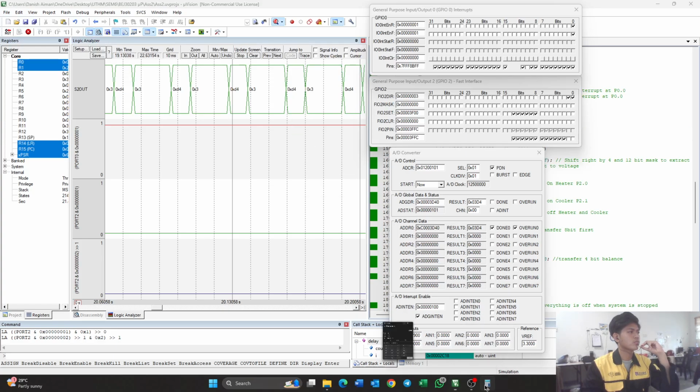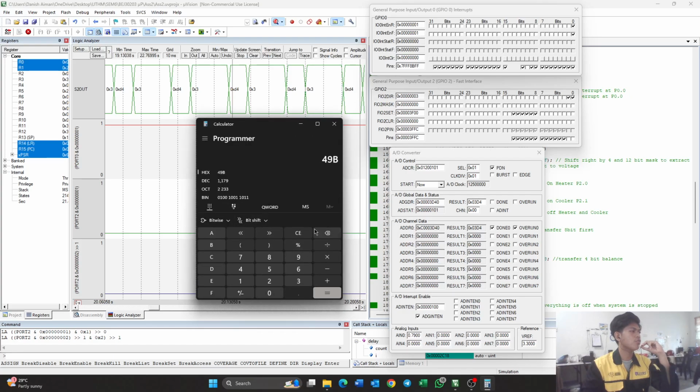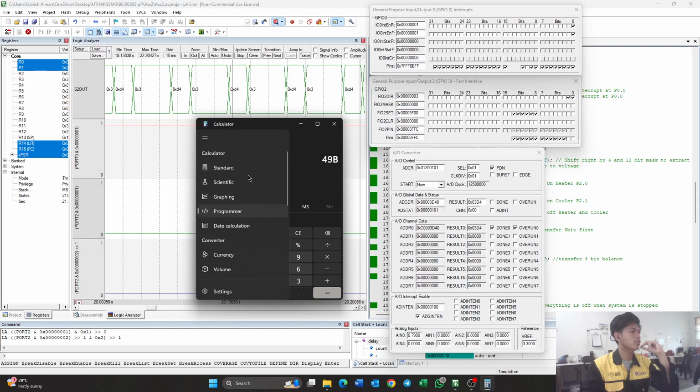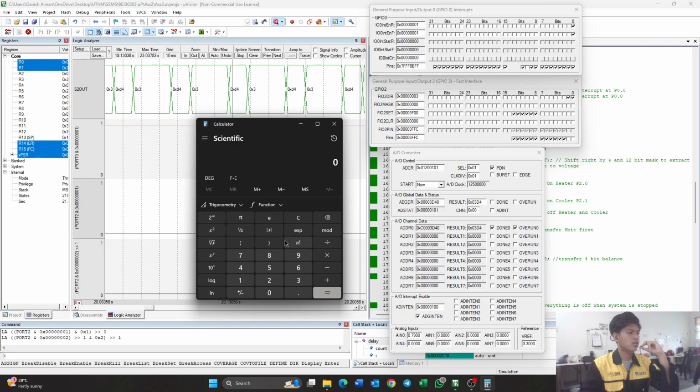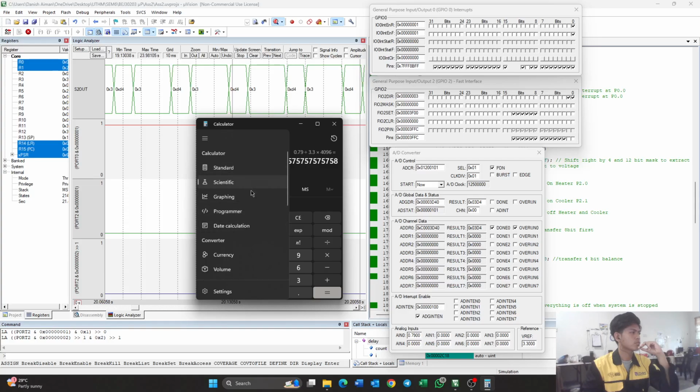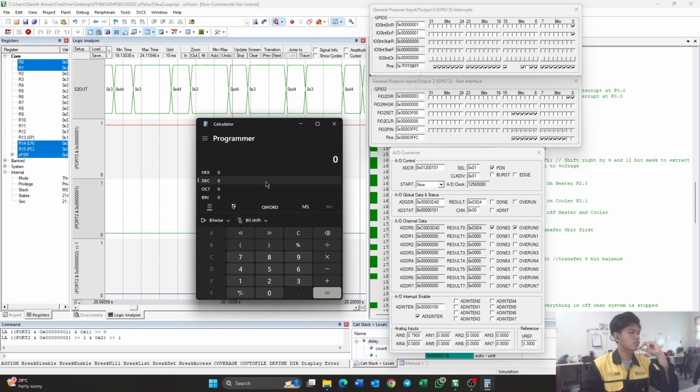To confirm the statement, we can use the calculator: 0.79 divided by 3.3 times 4096. The value is 980. Next, convert the decimal to hexadecimal, and the value is 3D4.